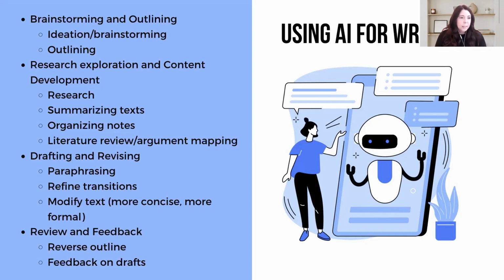A lot of you indicated that your students might have difficulty at the next few stages, so research and exploration, or drafting and revising. So in terms of research and exploration, we can use AI tools to streamline the research phase, which sometimes can take an excessive amount of time that might detract from the writing process.